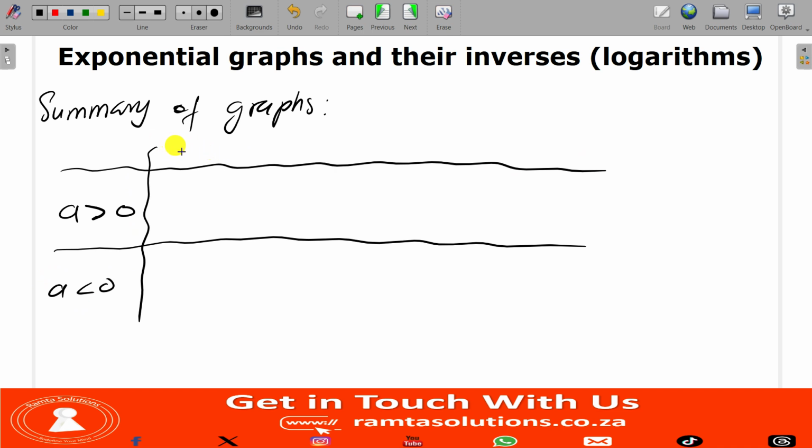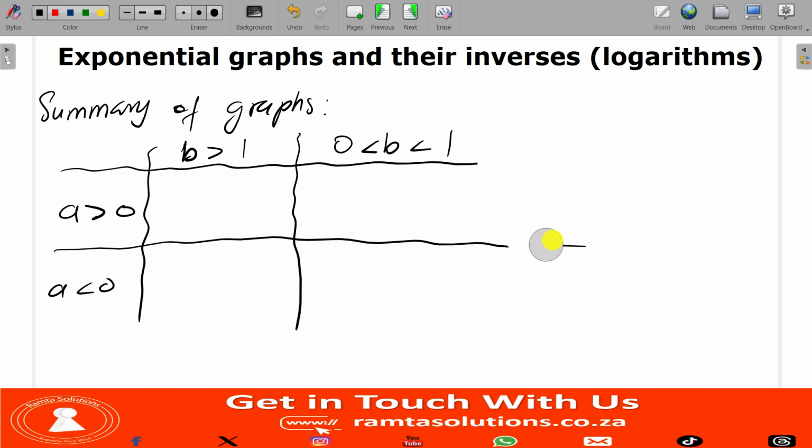Let's try when b is greater than 1, and then when b is greater than 0 but less than 1.